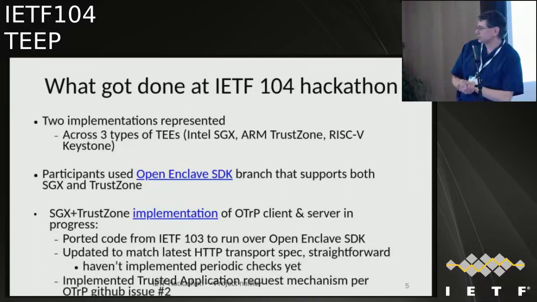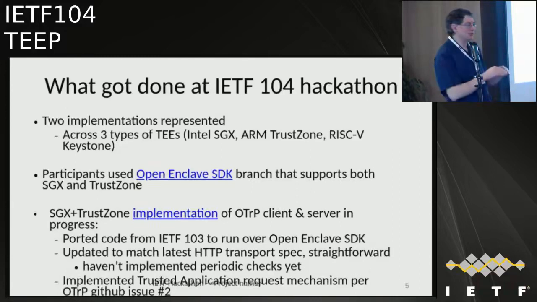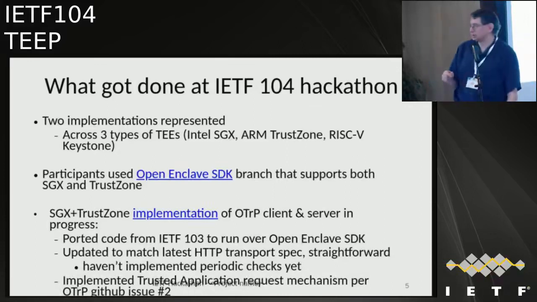Also, since last IETF, there's an SDK that all of us played with that tries to support both SGX and Trust Zone, as an abstraction you can write code on top of. We took the code from last hackathon and ported it to run over here. Last hackathon it was SGX only for that GitHub; now the code is agnostic.